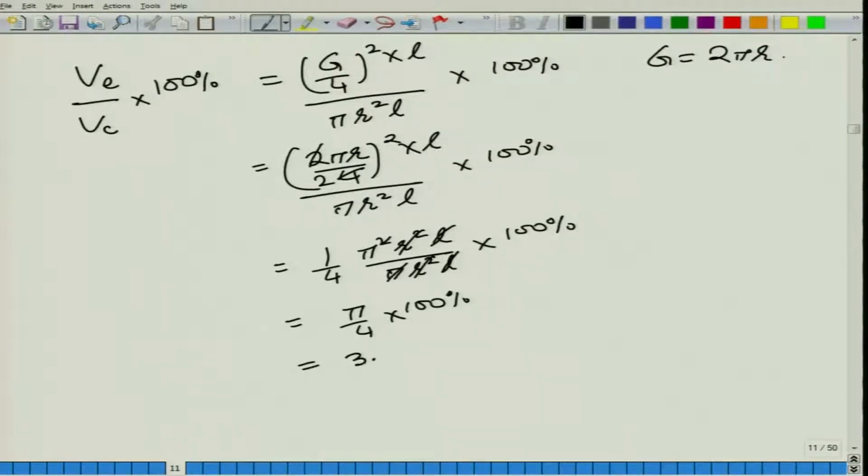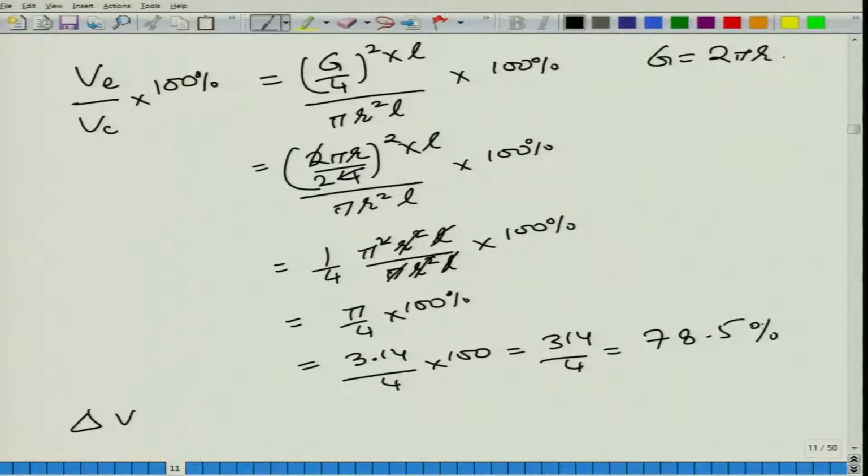Now, pi is 3.14, so 3.14 by 4 into 100 is 314 by 4, approximately 78.5%. So, the volume that we are computing here by using the quarter girth formula is only 78.5% of the actual volume, or the difference in the volume would be 100 minus 78.5, 21.5%.